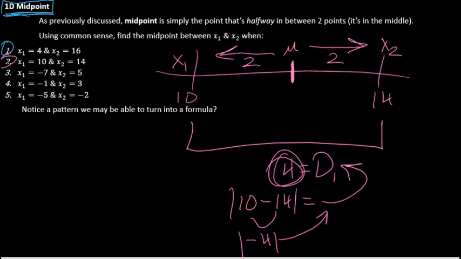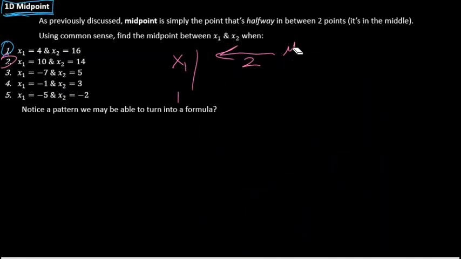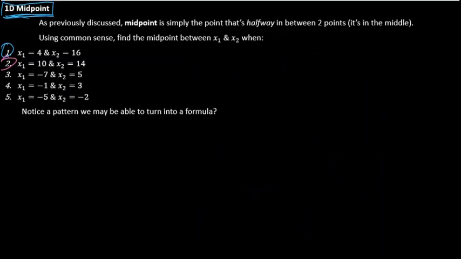That means 10 plus 2 or 14 minus 2 puts me at 12. You might start noticing a pattern. Let's do the rest of these. The pattern's not always so obvious.